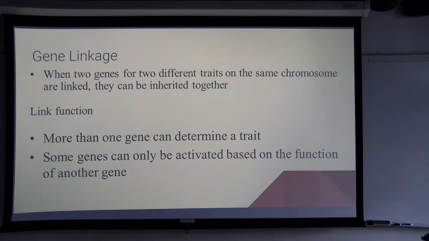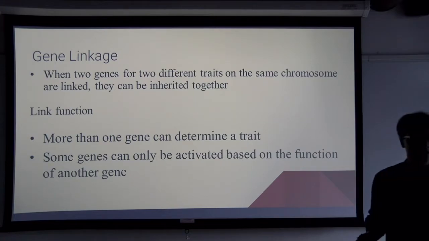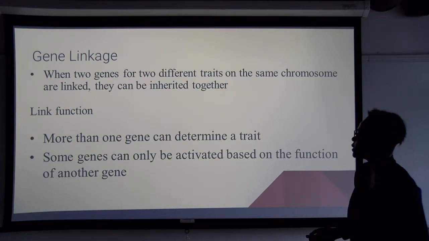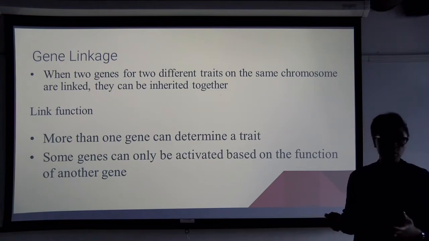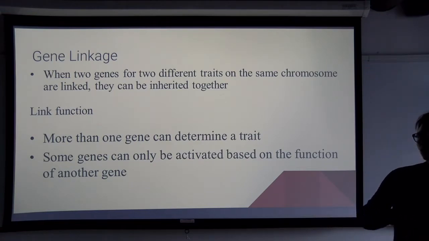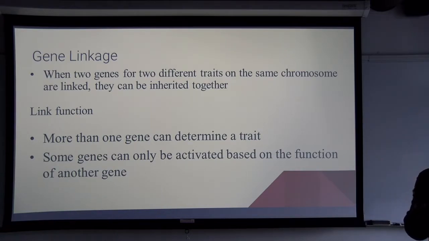And we see that again in gene linkage, two genes being linked together. And besides the color of your eyes and hair, you could see where gene linkage is important. Some genes will not get expressed unless another gene is turned on. So we are going to see that certain genes are relying on the activation of other genes.